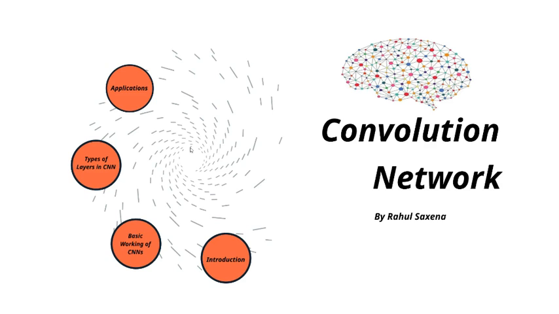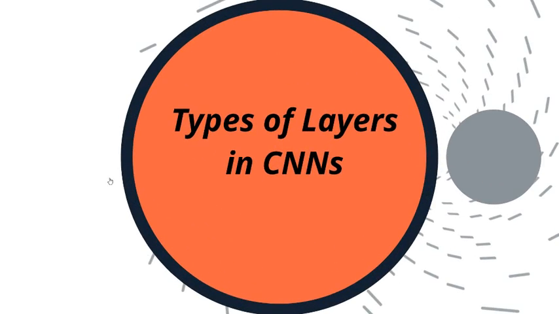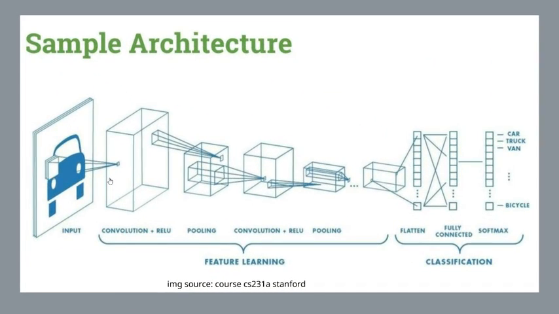So now we are aware of the basic working of our neural network. Let's move on to the types of layers that help us build a complete convolution neural network, because what we discussed was about convolution layers and how they work. As you can see in this sample architecture, I have grabbed this image from the Stanford CS231A course.